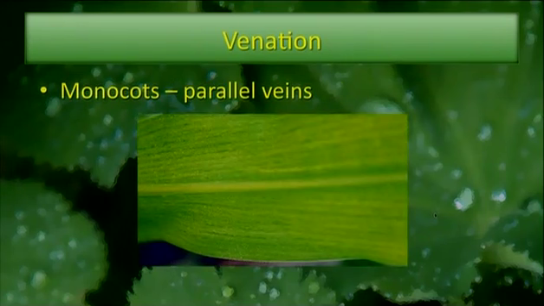Now monocots have parallel venation. Okay, so the primary veins are parallel. So in this leaf here, okay, we have a midrib or main vein here. You can see that the leaf's veins run parallel to each other. Okay, remember other aspects of monocots? You have one cotyledon or seed leaf when the seed germinates.